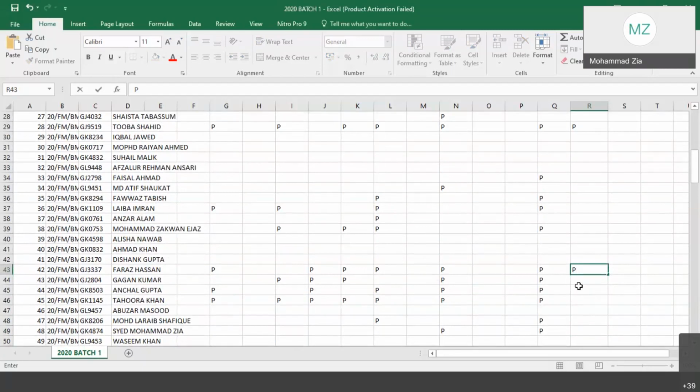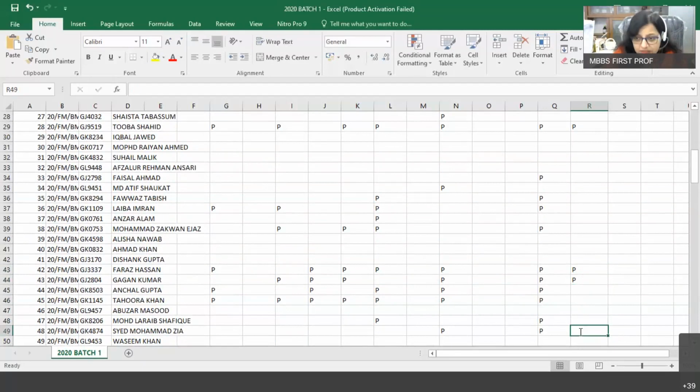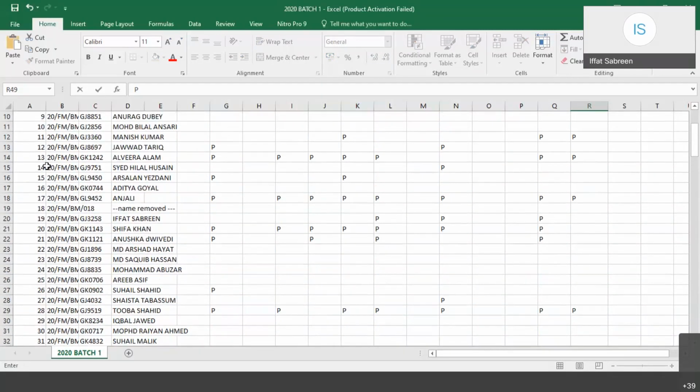One by one, please. Ma'am, 21. Speak one by one so that I can understand. 48 is Mohammad Zia. Okay, who is next? 14 is Hilal Hussain. 19 is Ifat Sabri.